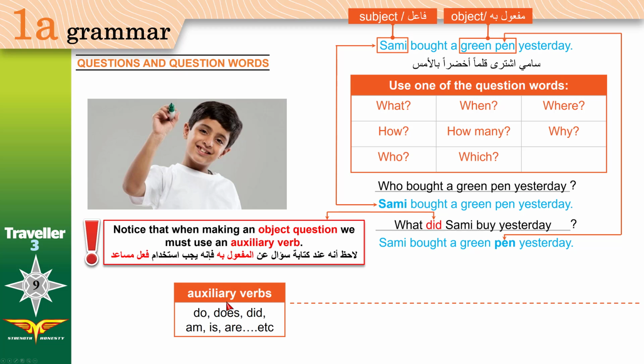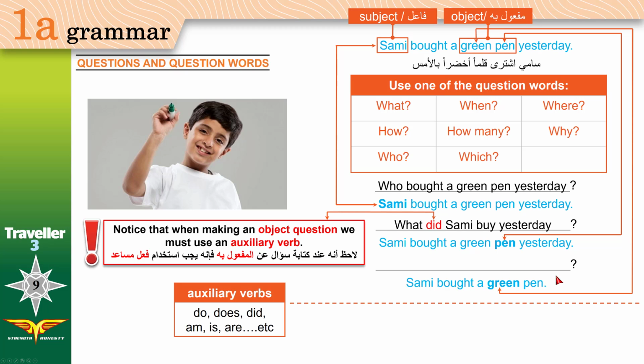The reason: bought is a verb in the past. He bought the green pen yesterday. With the past, we use did. With the present simple, we use do or does. With present progressive, we use am, is, and are. You know that. And every time we use did, we put the verb in the base form, in the present form, not in the past form.